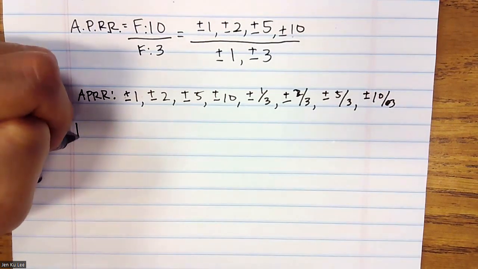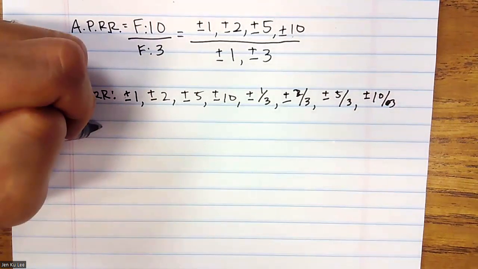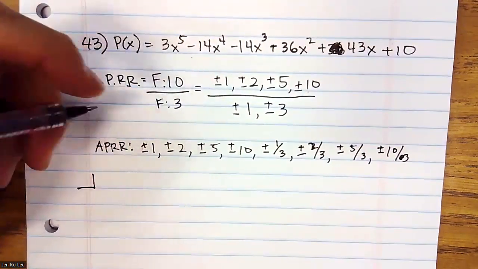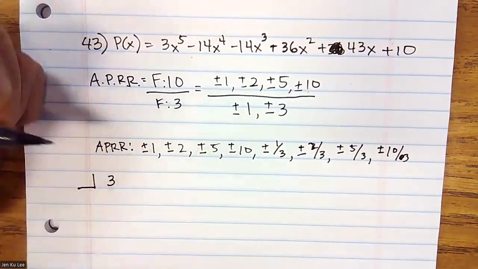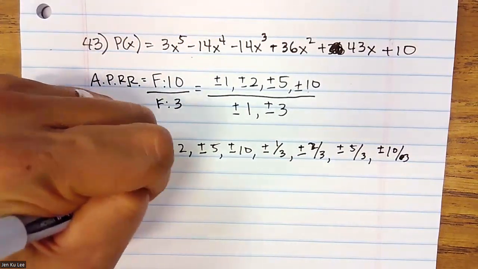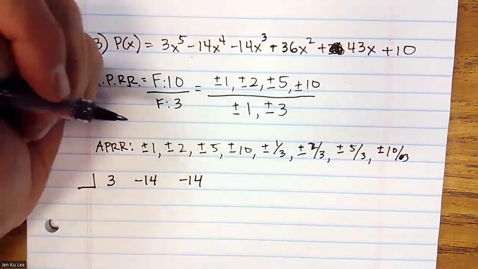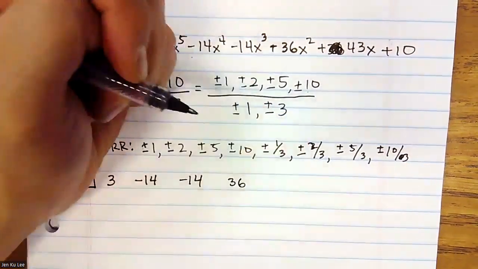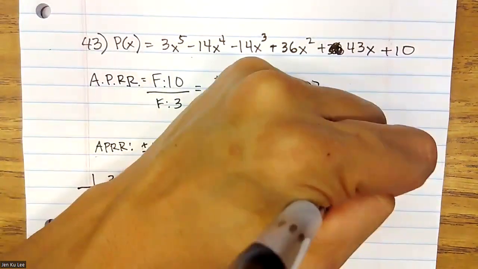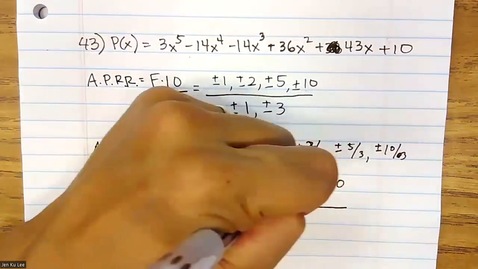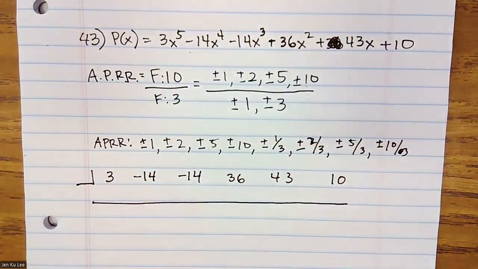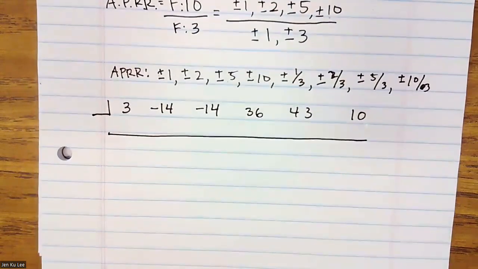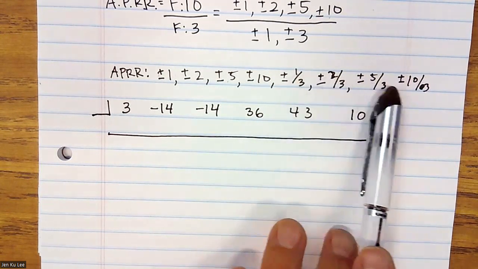So this is going to be a long one, a long day of fishing. Okay? So I have 3, -14, -14, 36, 43, and 10. Okay. I'm leaning, honestly, towards using one of these fractions.